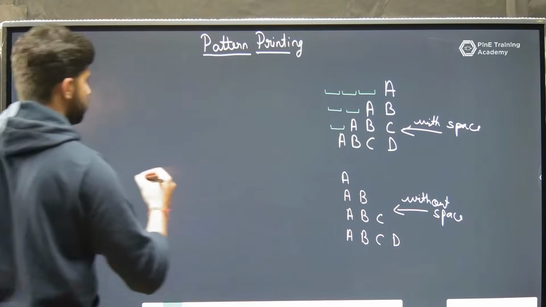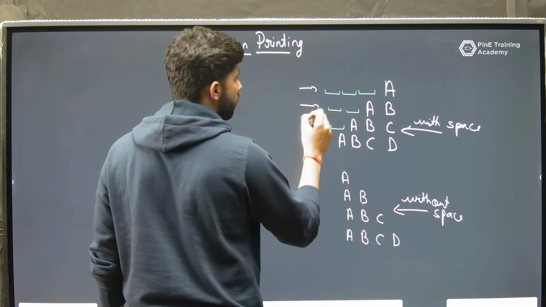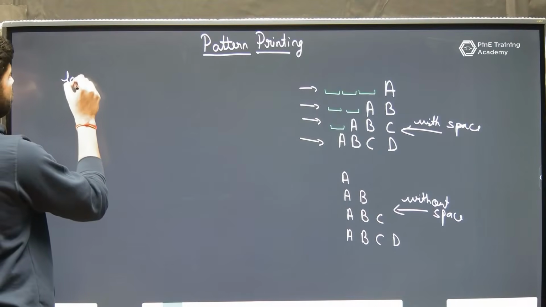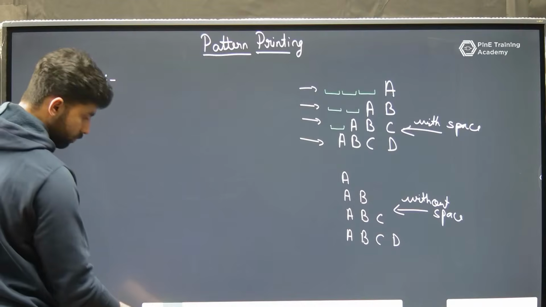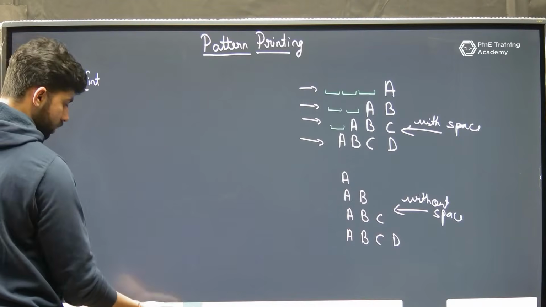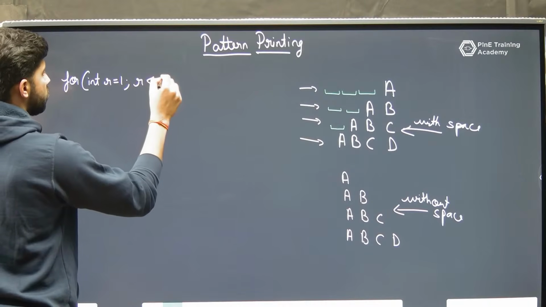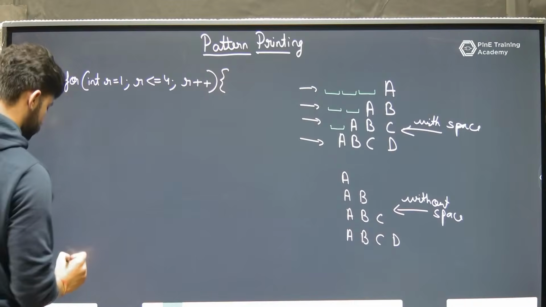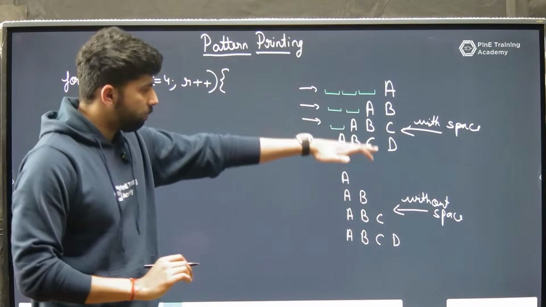First, let's figure out how many number of rows we have. 1, 2, 3, and 4. Again, 4 number of rows. Let's make it row 1. So we have 4 number of rows.